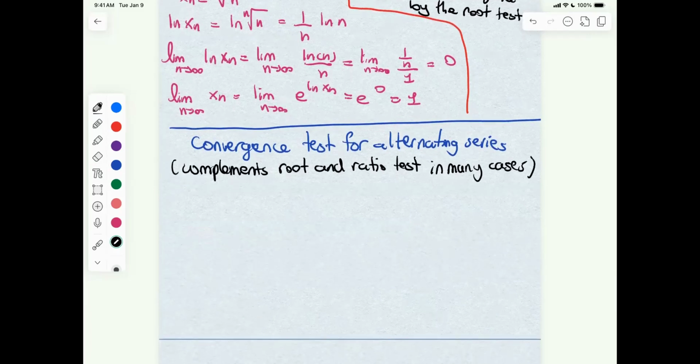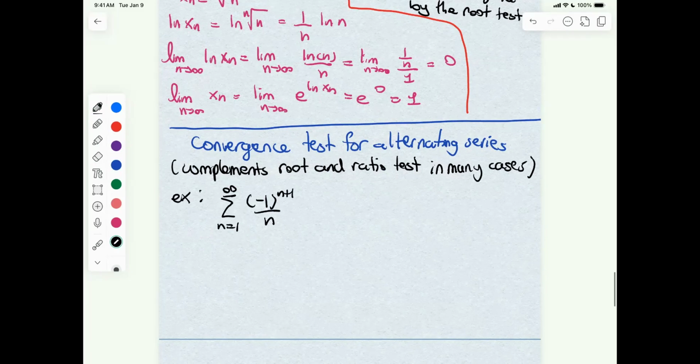So first, before giving you a definition, here's an example of an alternating series to keep in mind. It is something like this: -1 to the n plus 1 over n, so that I start with something positive.